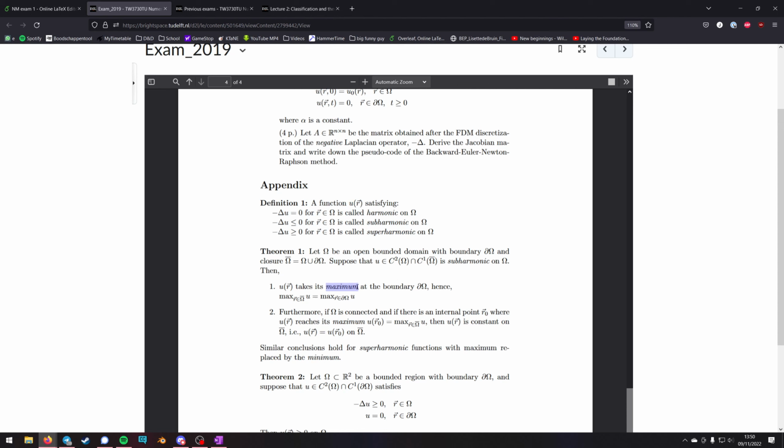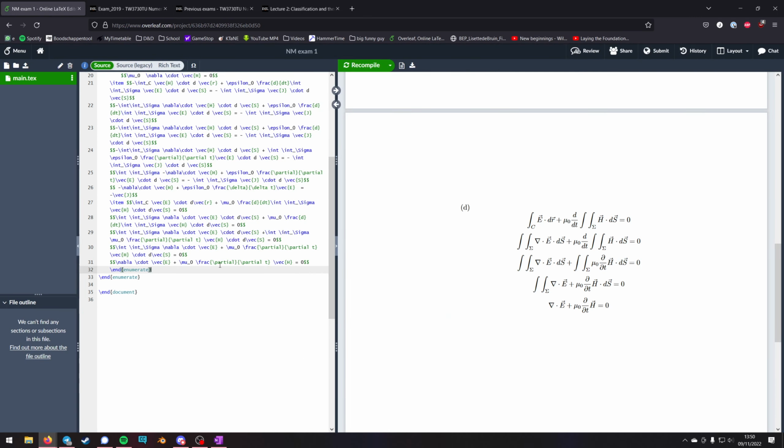Yeah. And we know that the boundary is 0. So if its minimum is at the boundary and is 0, the function is positive. Yeah. Okay, so then I'm going to begin enumerate, item. We know that, let's see, it's nabla.